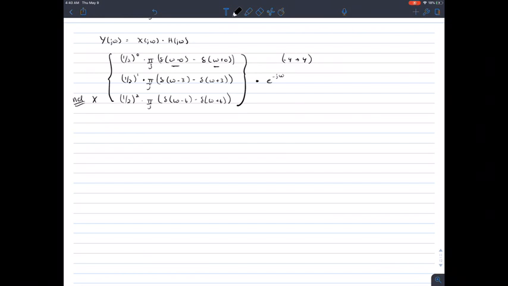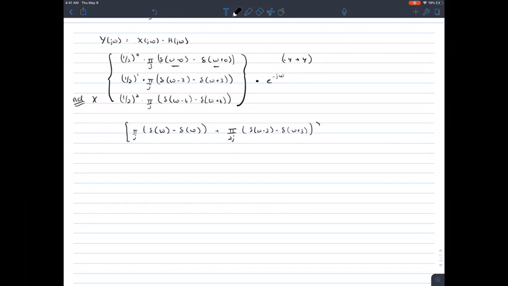So it is just going to be 1/2 to the 0, which is just 1, times pi over j, delta of omega minus delta of omega, plus 1/2 times pi over j, delta of omega minus 3, minus delta of omega plus 3.